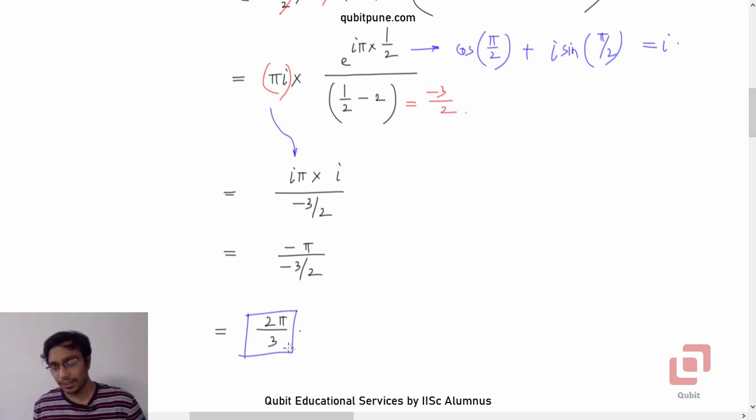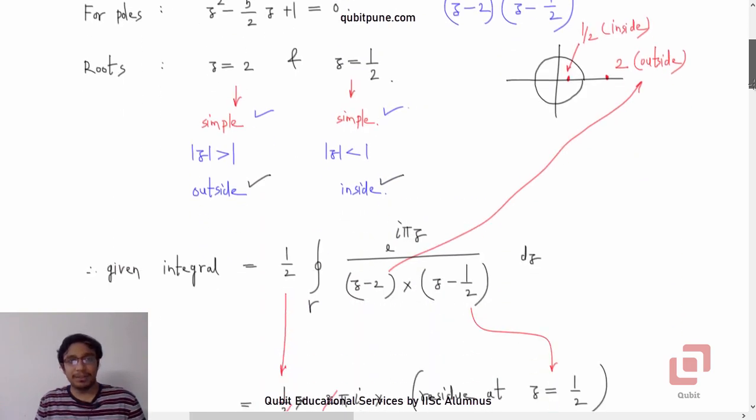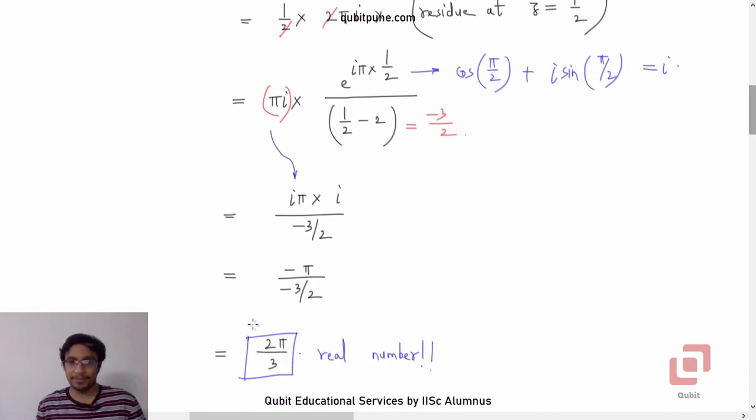Now the feature of this particular integral is that its value is a real number. Although the function was a function of complex variable z, and the contour along which we were integrating had only 2 points which were purely real, minus 1 and 1, everything else had non-zero imaginary part, still the value of the integral is real.